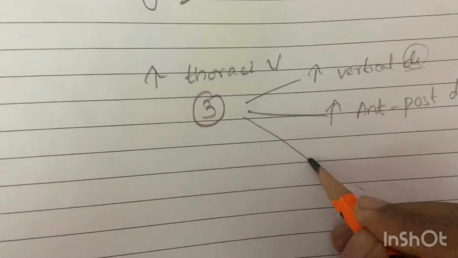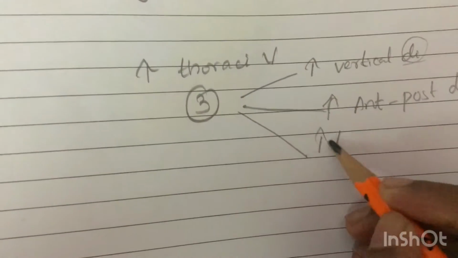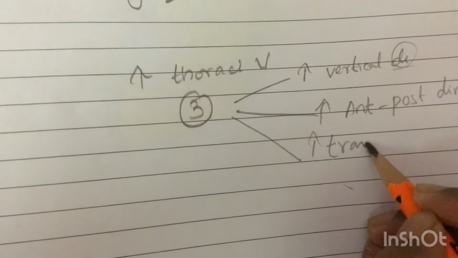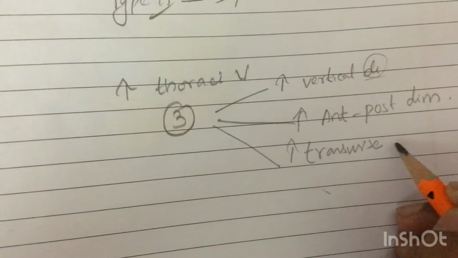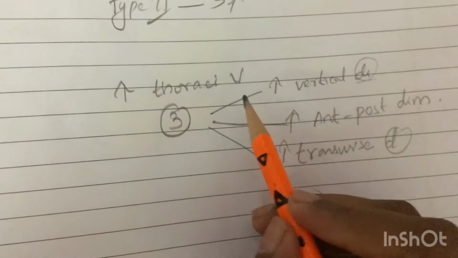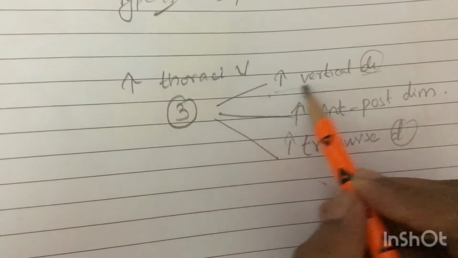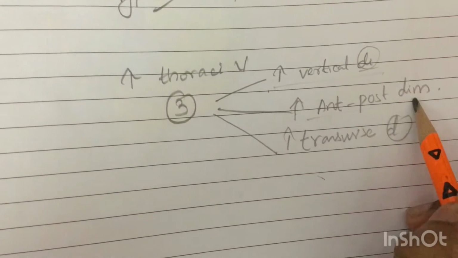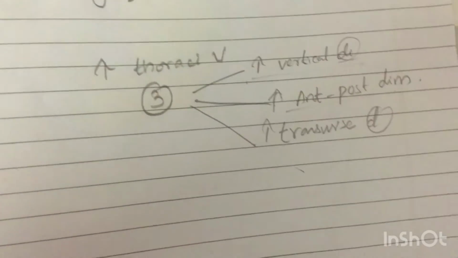And the third way is to increase the transverse diameter. So there are three ways: increase vertical diameter, increase anterior posterior diameter, increase transverse diameter.